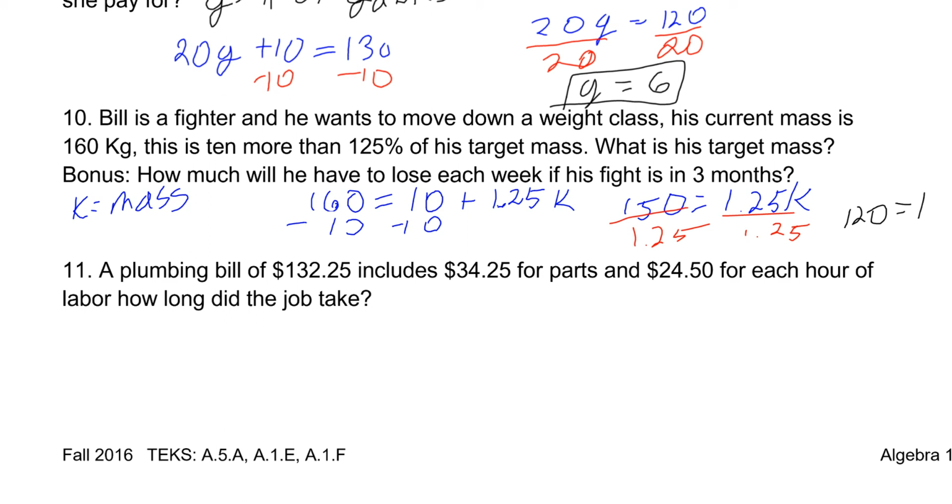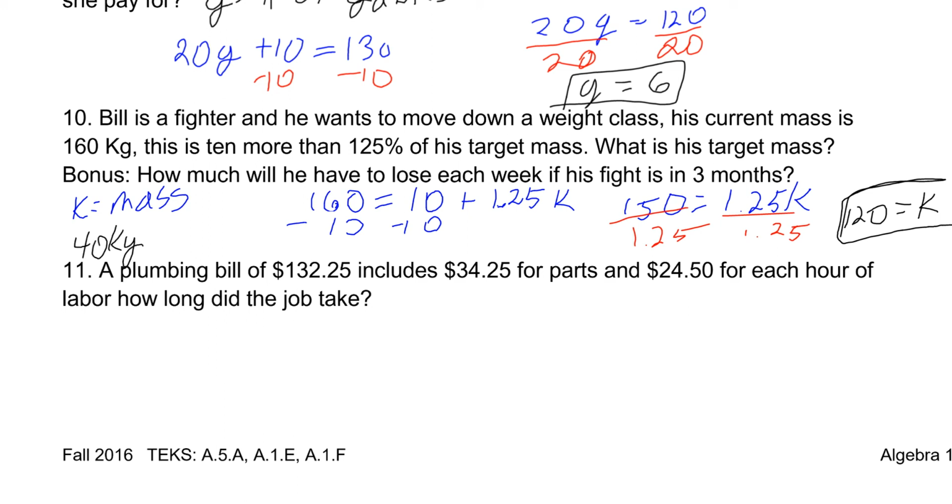Now his original mass is 160. His target mass is 120. That means that there is, let's see, 40 kilograms that he needs to lose. There's 4 weeks in a month, so in 3 months, that's 12 weeks.